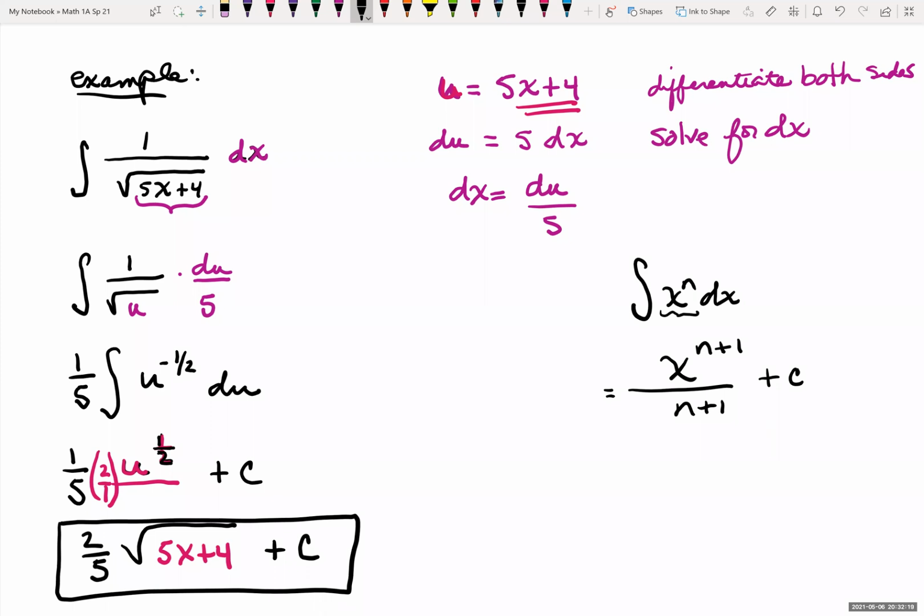Okay, so then we just found the indefinite integral of 1 over that radical. So recall, we can always check this by taking the derivative of our antiderivative, and we better get back this integrand.